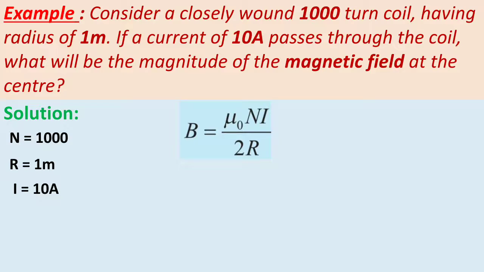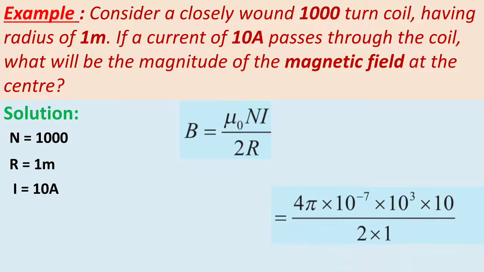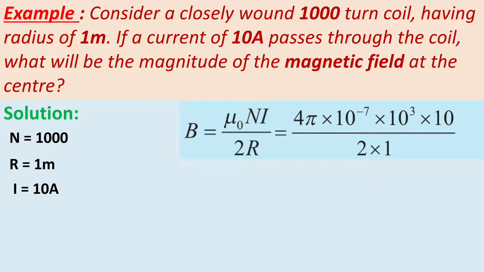So simply we can substitute the values. We will have 4 pi into 10 raised to minus 7 into 1000, means 10 raised to 3, into 10, that is I, 10 ampere, upon 2 into 1, where R is 1 meter. By calculating all this, finally we will have 2 pi into 10 raised to minus 3.